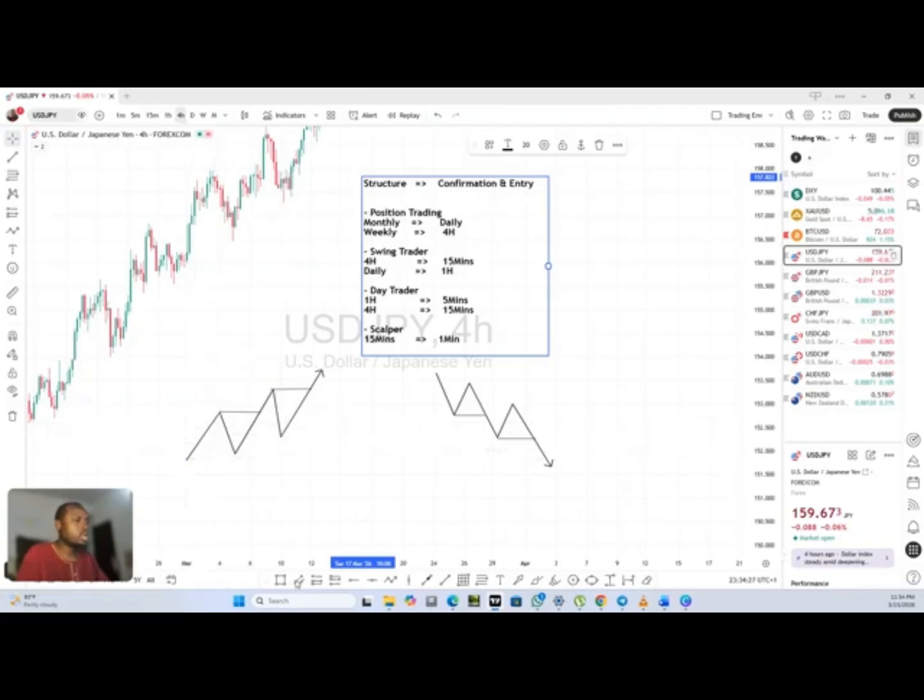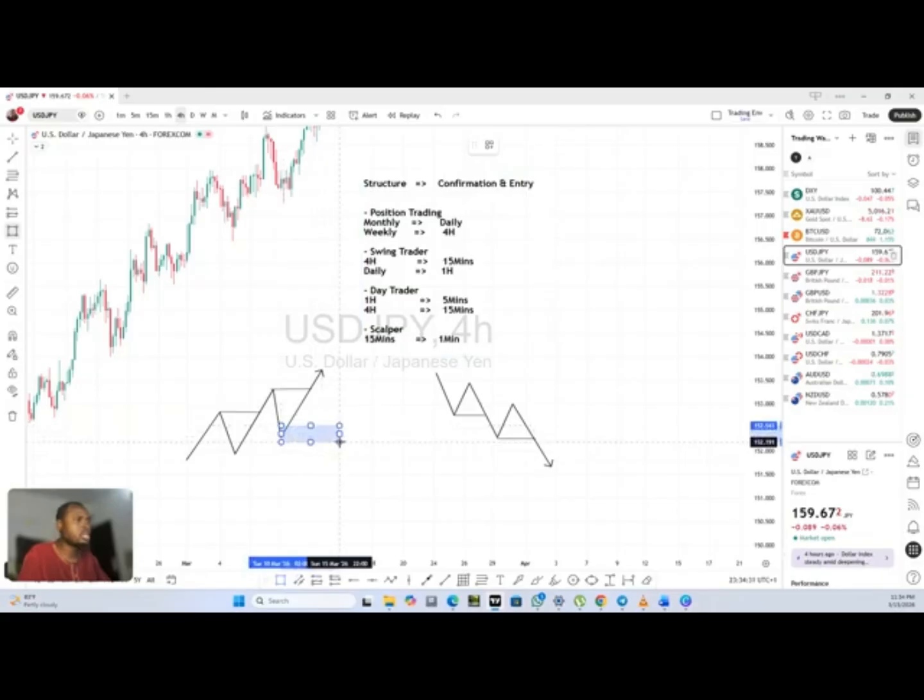Let's say this is your monthly time frame as a position trader. All you have to do is see where exactly the market is going. Is the market in an uptrend or a downtrend? From there, mark your order block. That's your point of interest that you want to use to enter the market.